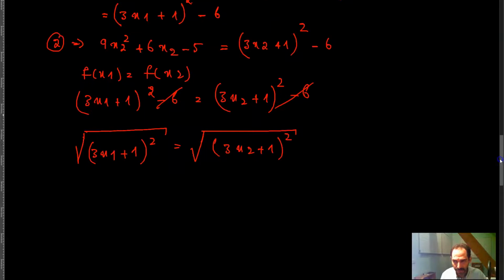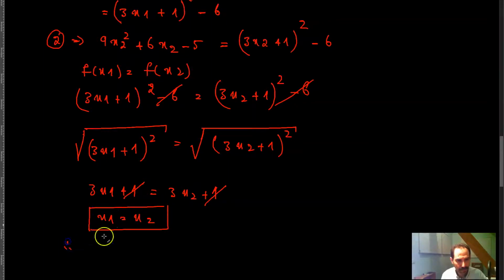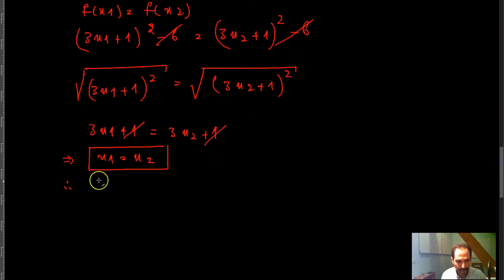And so based on that, I can write this as 3x1 plus 1 is equal to 3x2 plus 1. And then I can simplify these two and divide by 3 on both sides. I'll get x1 is equal to x2. Which proves that over here we said that f of x1 is equal to f of x2, and then here that implies that x1 is equal to x2, which means that f is 1-1, or injective.